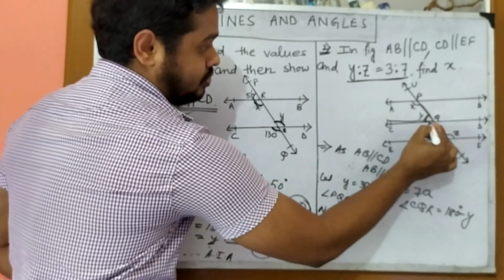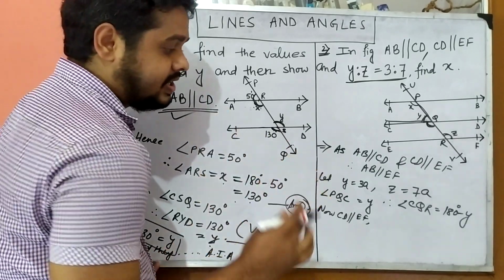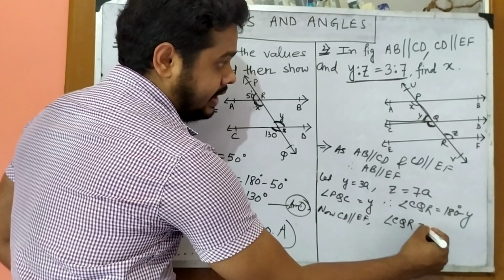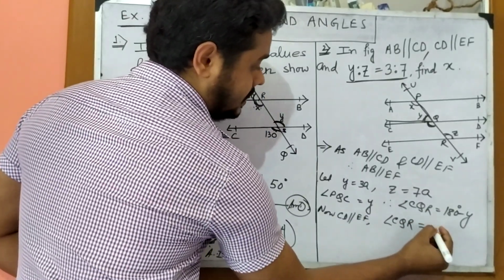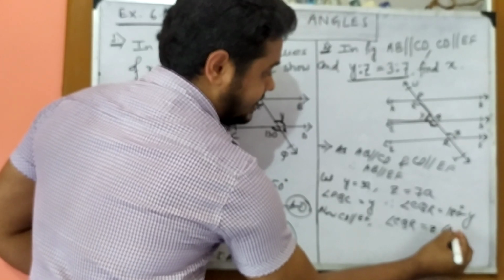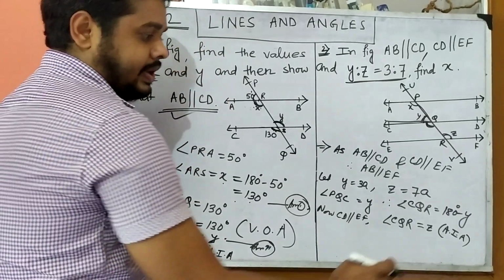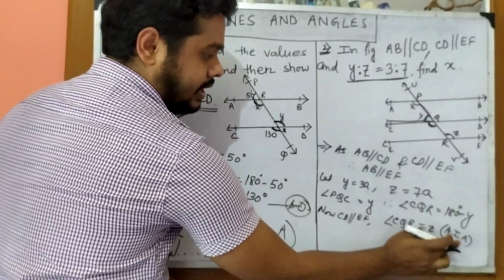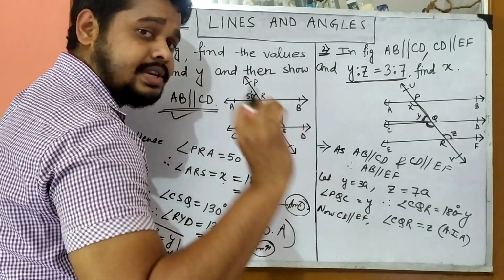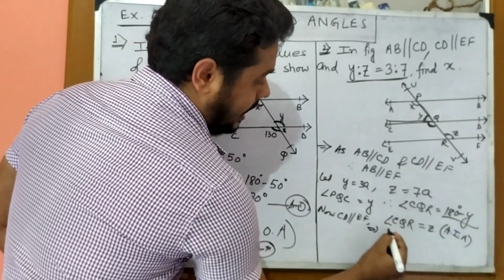Therefore this angle and this angle are alternate interior angles. So angle CQR equals z. By which property? Alternate interior angles. As the space is short here, I am writing it short, but you have to write in detail.